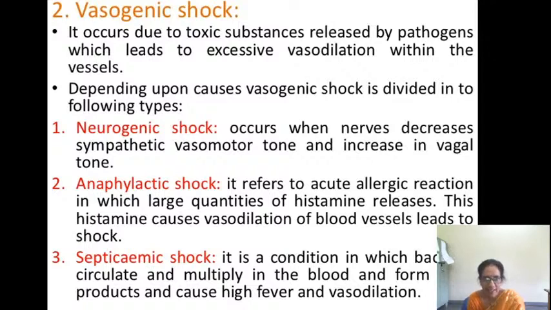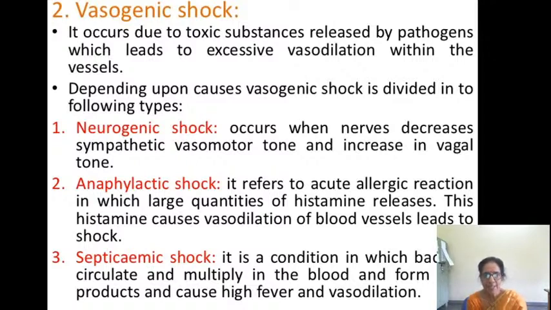So to this, a hypovolemic component is also added, because with increased capillary permeability your blood volume has decreased. Okay, this is anaphylactic shock.